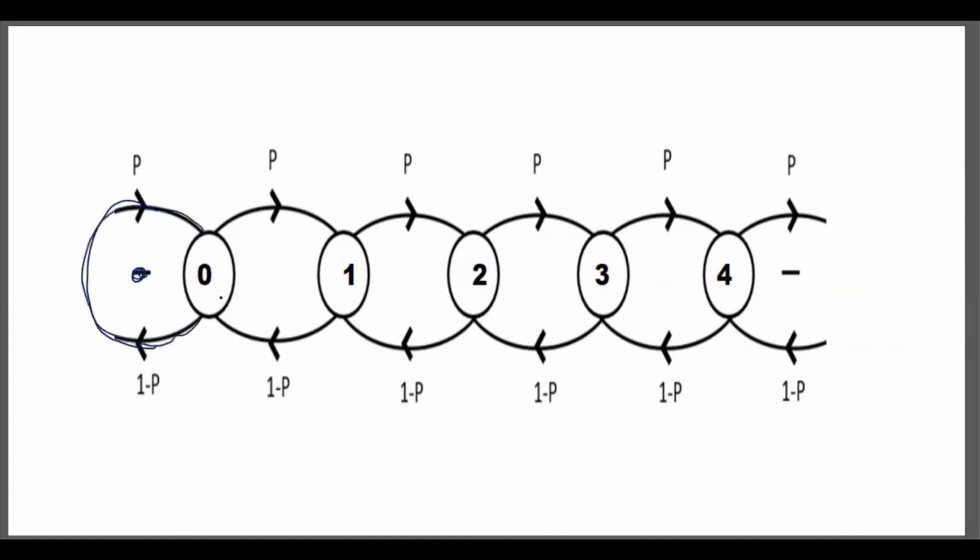So if I am at 0, I'll make it alpha, and you can write a here, and 1 minus a here. This means what? If I'm at 0, if a is 0, that means what?